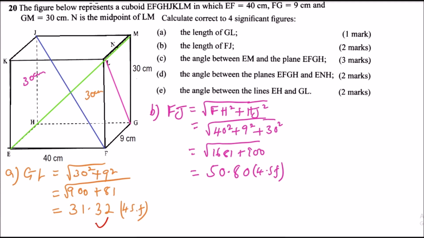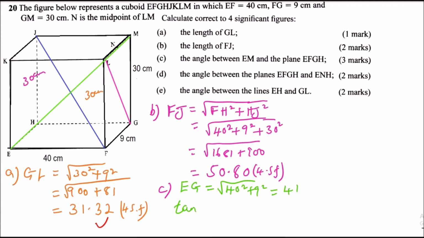So we say part C, we have EG is equal to the square root of 40 squared plus 9 squared, using EF, and that should give you 41 centimeter. And therefore, once you get that, we know that we can get tan inverse.